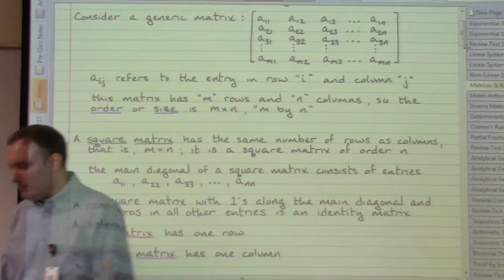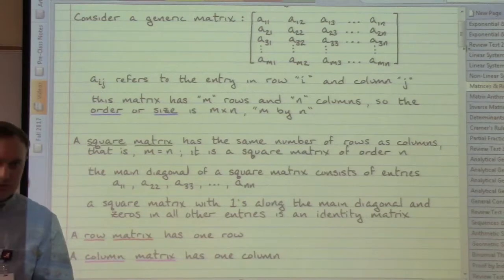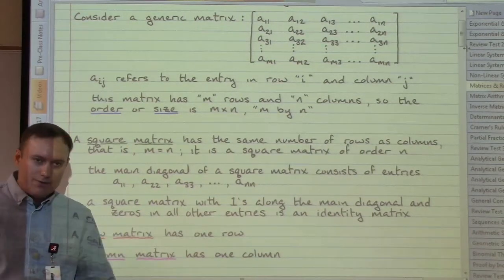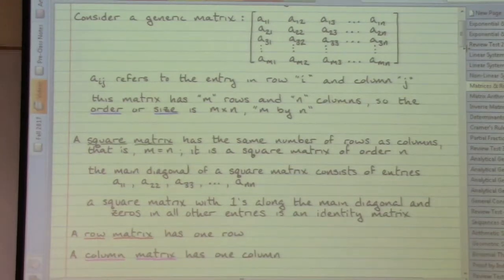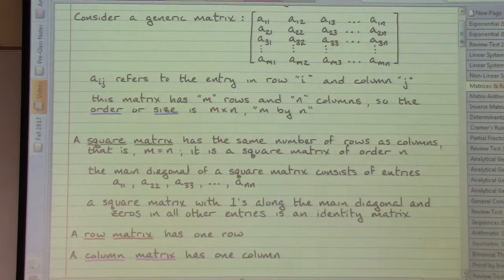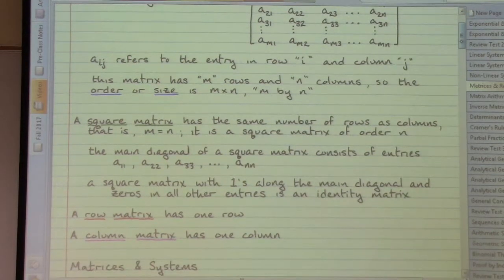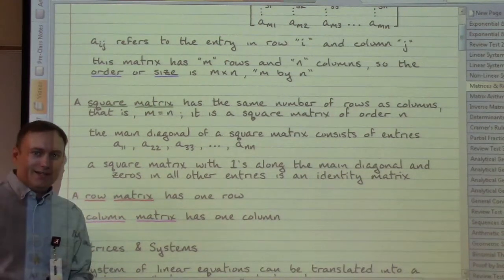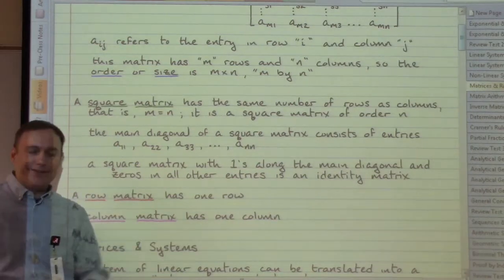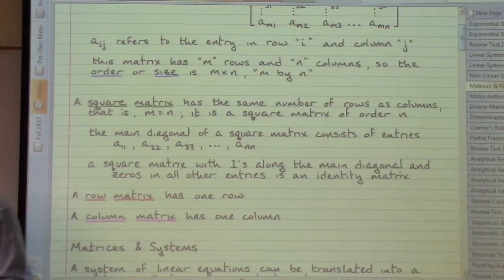It's very special, but for right now, we're not going to use that. We're going to come back to that idea later, which means that I'm going to gloss right over that and move on to a couple of other things that show up a little bit earlier on in our discussion. A row matrix literally has only 1 row, while a column matrix literally only has 1 column. No sort of requirements about whatever else is going on there.